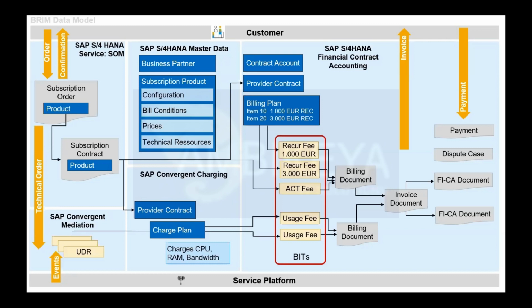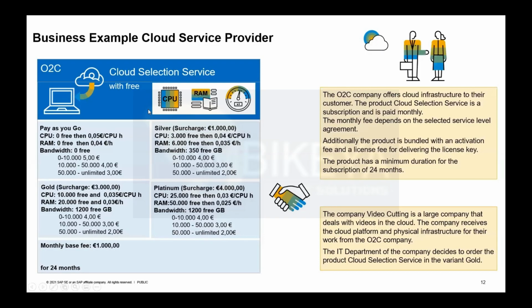is that you create a subscription order with a product. The product that we use in our training is a cloud selection service. This cloud selection service has a bit of complexity. In order to show different functionalities, we have the possibility to select a service level option.